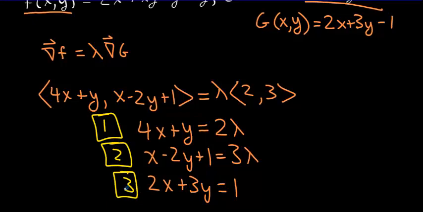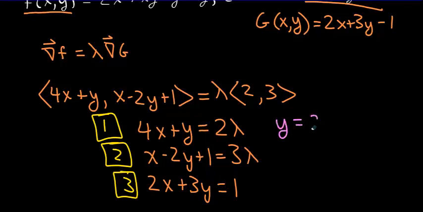Now, at this point, it's just a matter of us using algebra. We just have to rely on our algebraic skills to find out what x and y need to be based on these three equations. Now, here's the approach I'm going to take. From equation 1, I'm just going to solve for y.